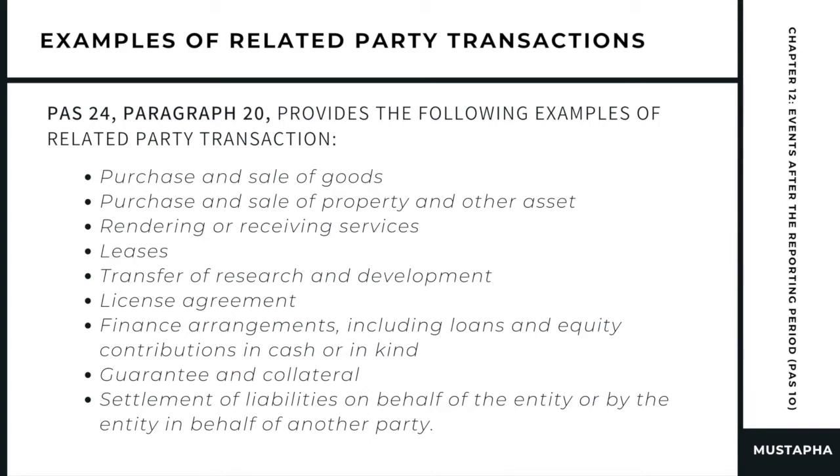Fifth is transfer of research and development. Sixth is license agreement. Seventh is finance arrangements, including loans and equity contributions in cash or in kind. Eighth, guarantee and collateral. And lastly, settlement of liabilities on behalf of the entity or by the entity on behalf of another.